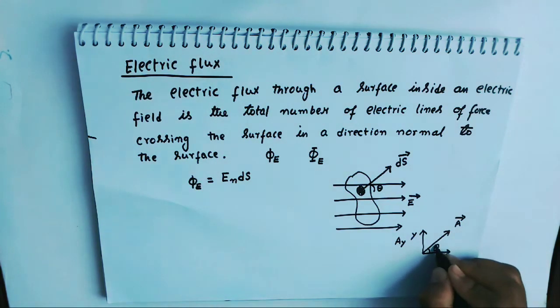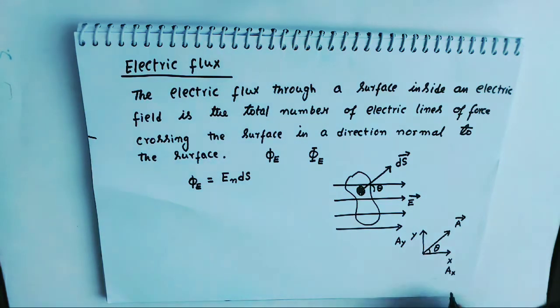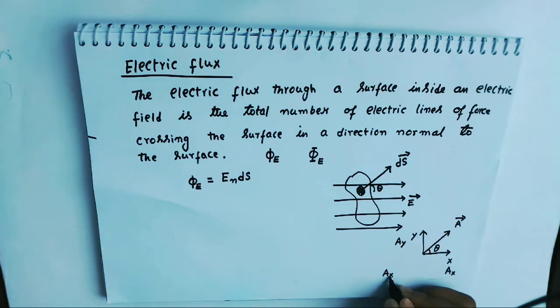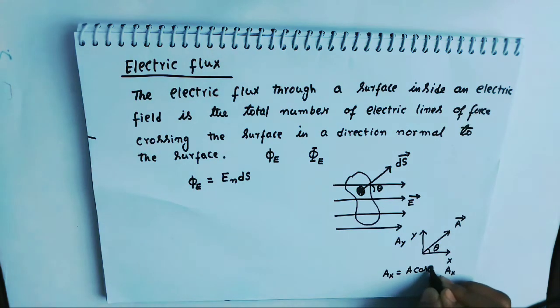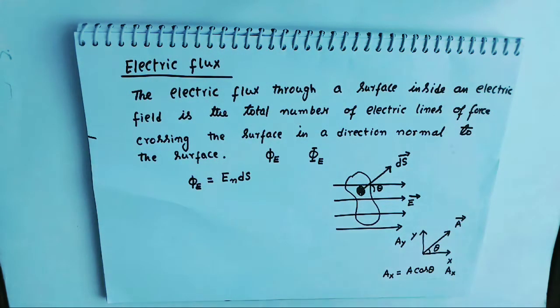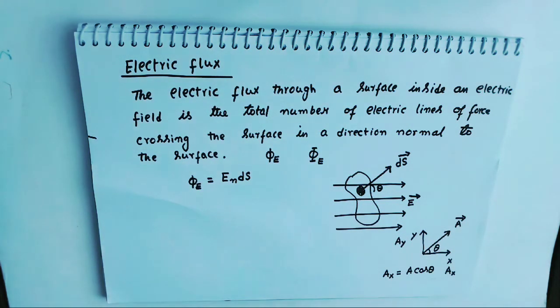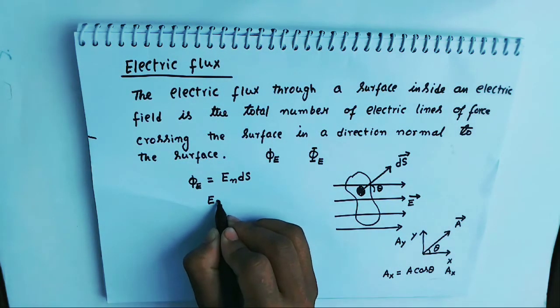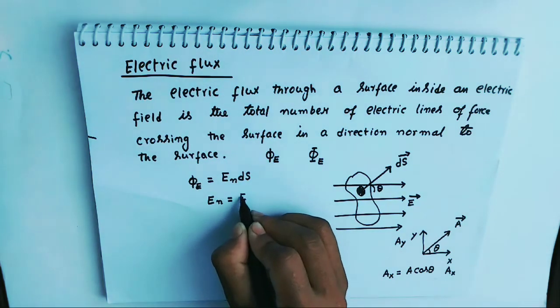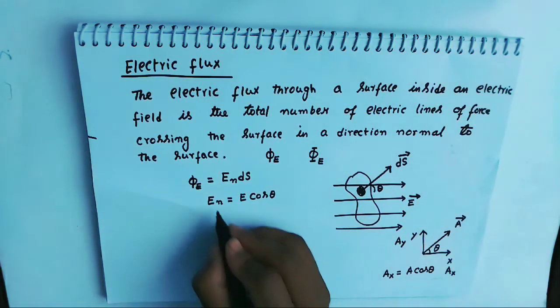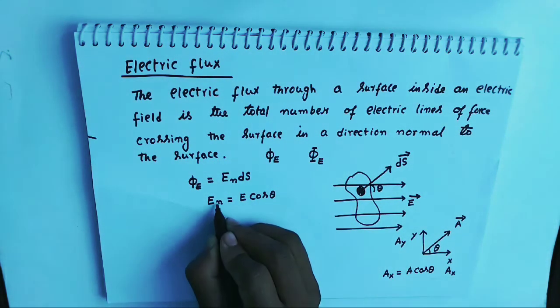If this is theta, then what is ax in terms of capital A vector? This ax is equal to capital A cos theta. So similarly, in this case, what is this En? Normal component of electric field. En is equal to E cos theta.